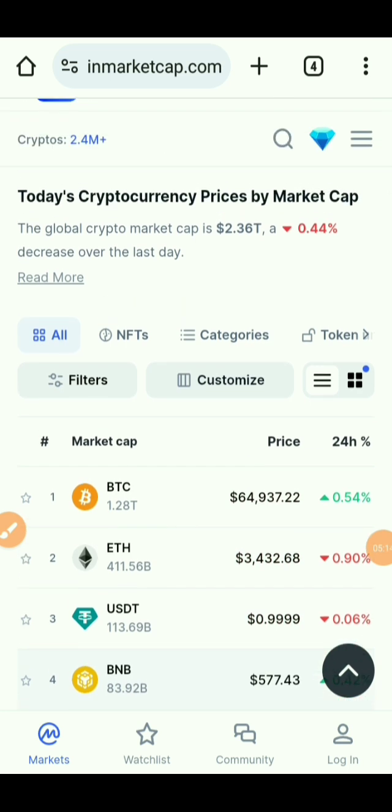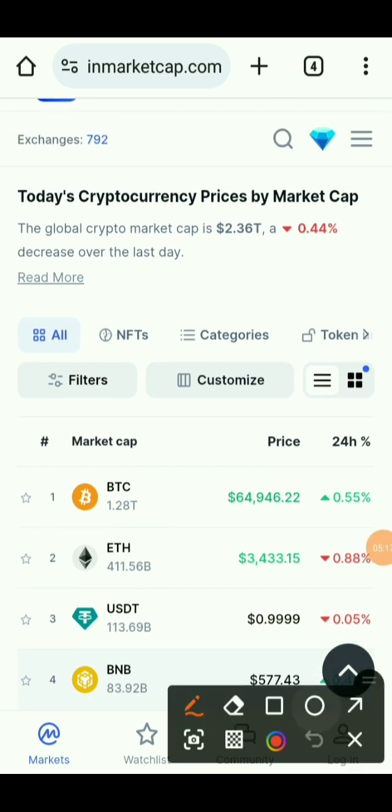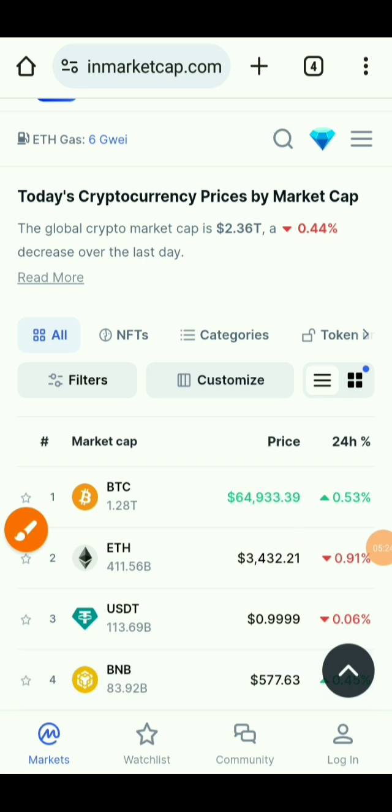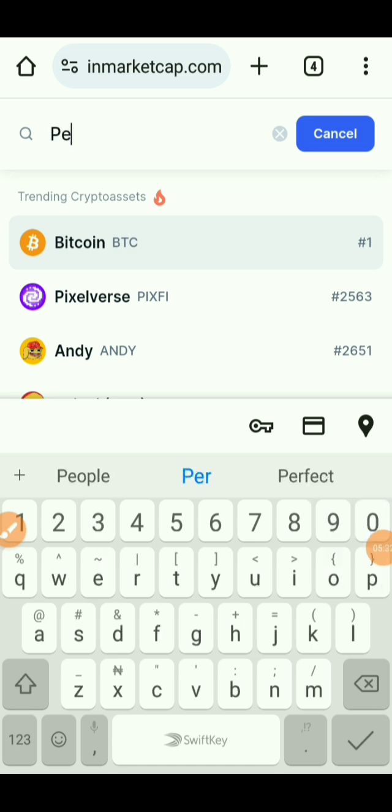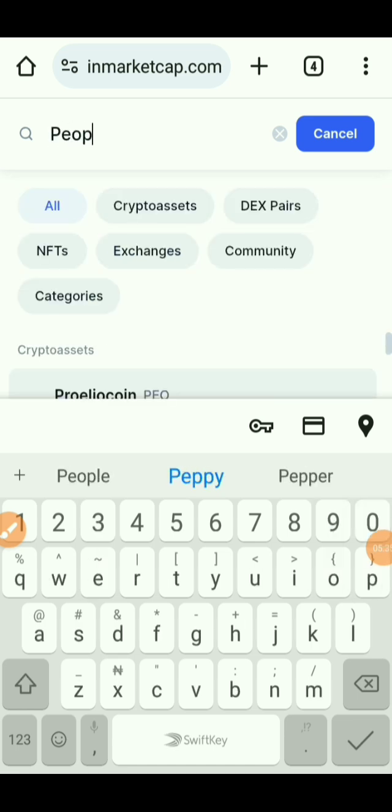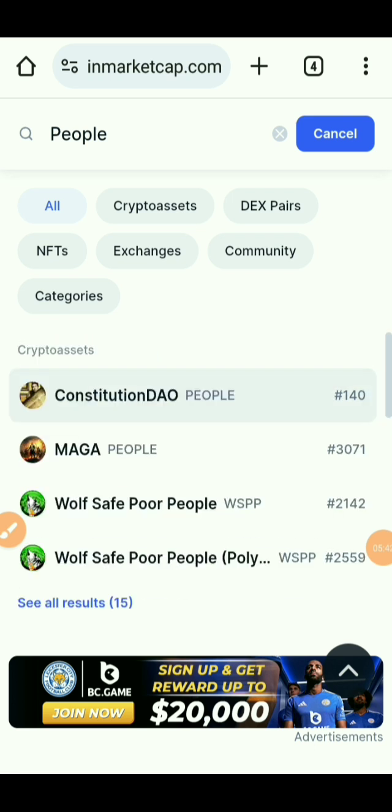What we are going to do now is click on the search option over here and search for People, P-E-O-P-L-E, the way it is spelled on Binance. Here it is. This is People. The first option, click on it.